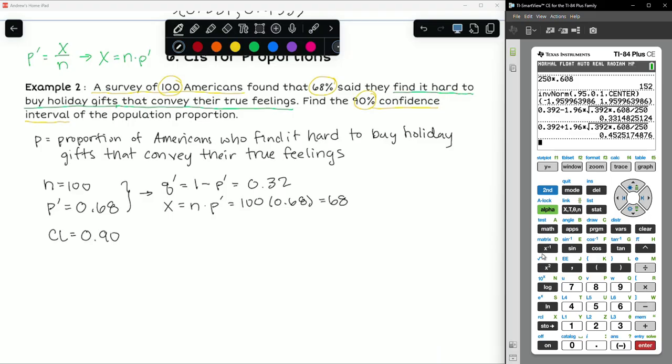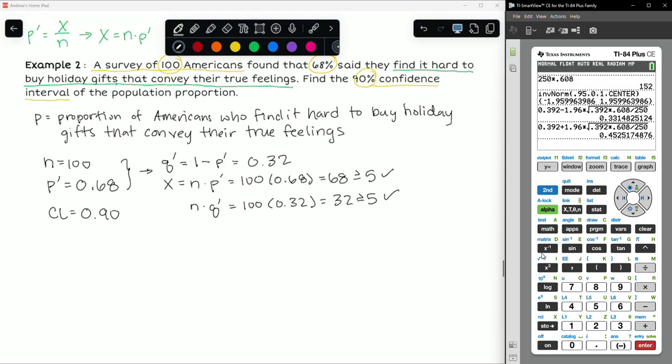You'll also notice that's one of the two checks that I need to do. N times P prime is greater than 5, so we've met that check for normality. I also should do n times Q prime, which would be 100 times 0.32, which is 32, which is also bigger than or equal to 5. So we've met the conditions for approximating a binomial with a normal curve. So I can build a z-interval for this proportion.